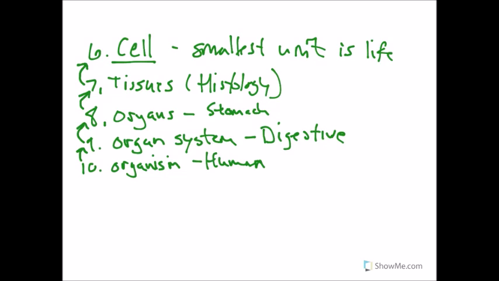So an organism. Now let's say that I've got myself in a classroom and I look at all the humans in my classroom. That group of humans in my classroom, those are a population, right? A group of individuals who are the same organism but all kind of bound together, right? Like all humans in class.